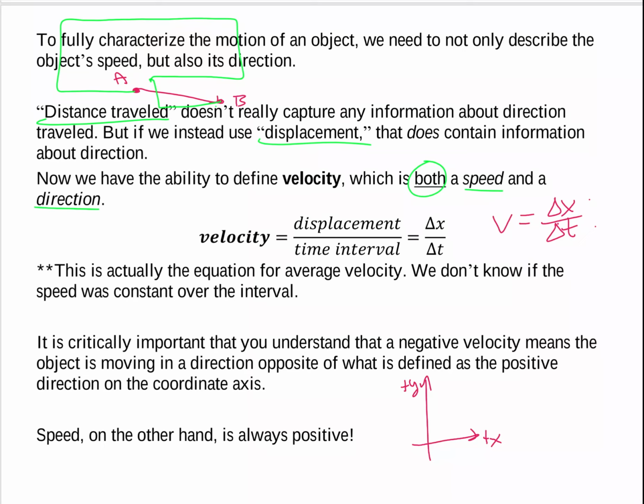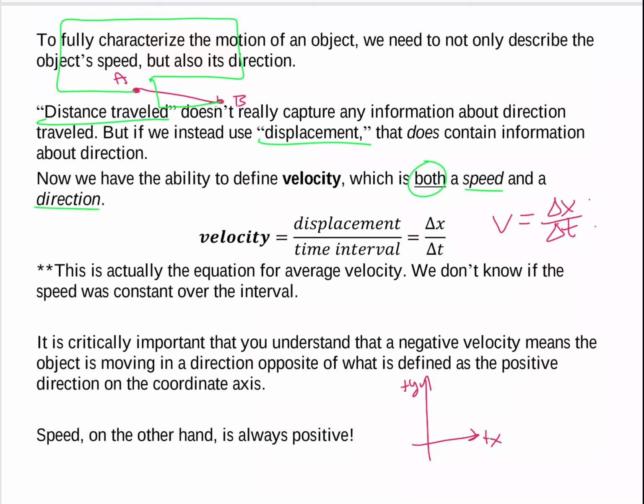So if you are moving to the left, and positive is to the right, then you have a negative velocity. If you define your y-axis as positive up, but you're moving down, then your velocity is negative.